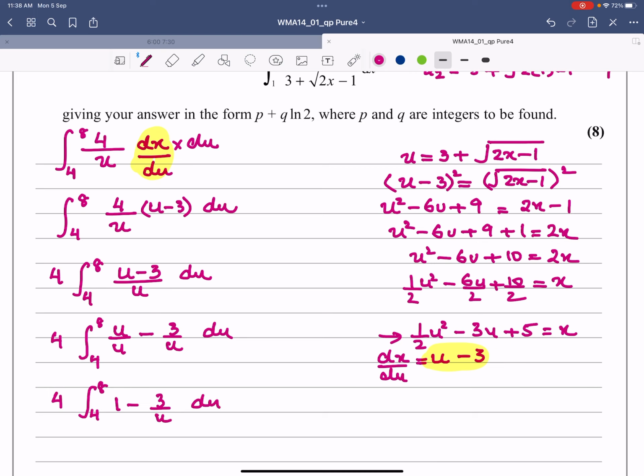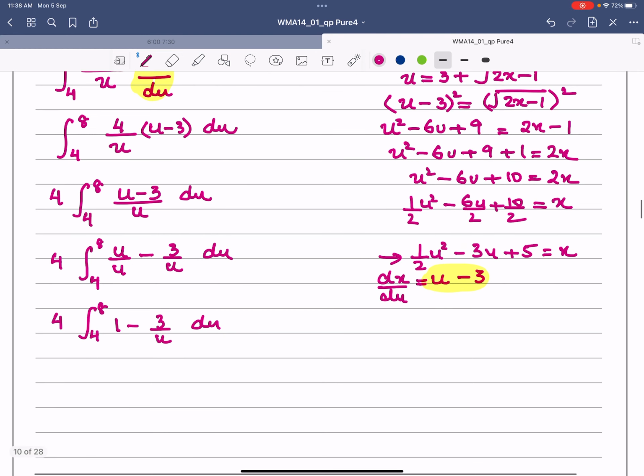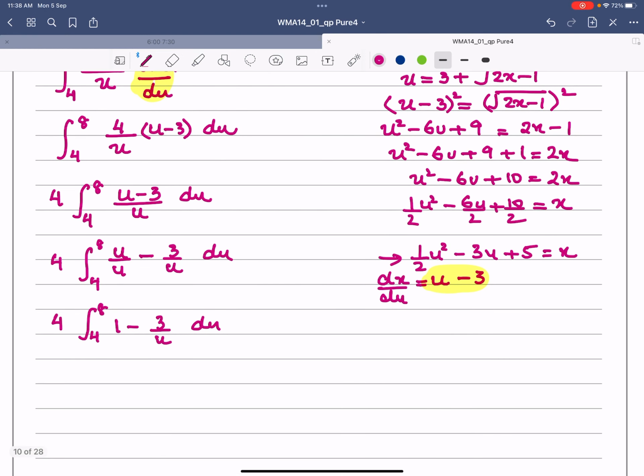Now we come to the integration part. So it's after all of this that we will start with the integration, because now we are ready for the integration. So when we integrate, we add 1 to the power and divide by the new power.